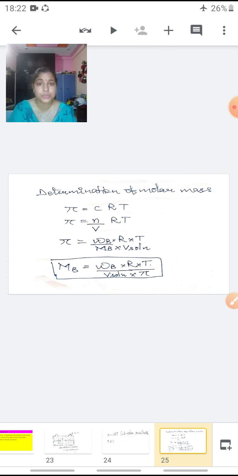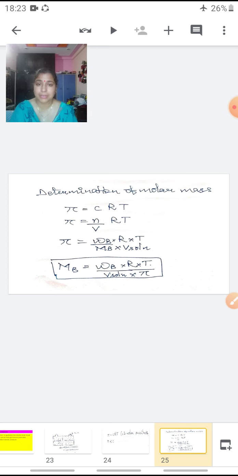It should be in liters, you have to remember. Now, what we have to calculate? MB. Take MB to the left hand side. It becomes WB into R into T upon volume of solution into pi, the osmotic pressure. Using this formula, you can calculate the molar mass of the non-volatile solute whose name you do not know.